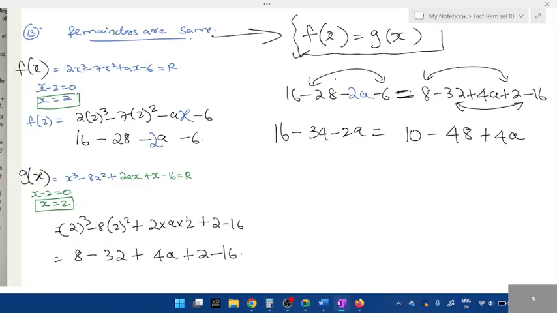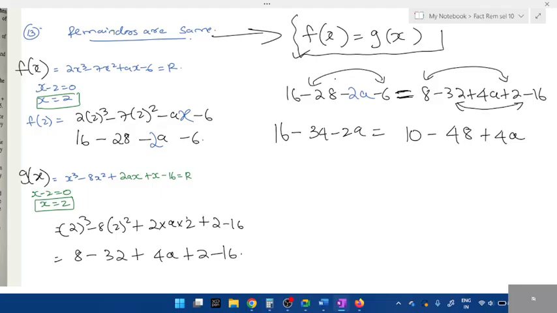You can get any value, negative, positive, fraction. What's your answer, Anya? Getting a fraction? Okay, let me check. And this concept is only for when remainders are equal, students.